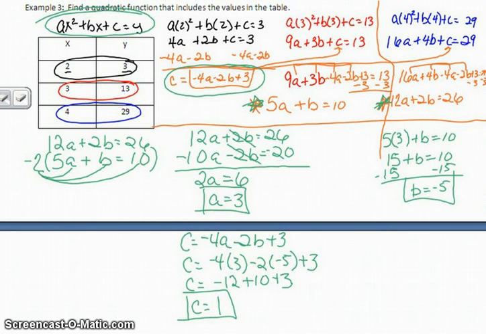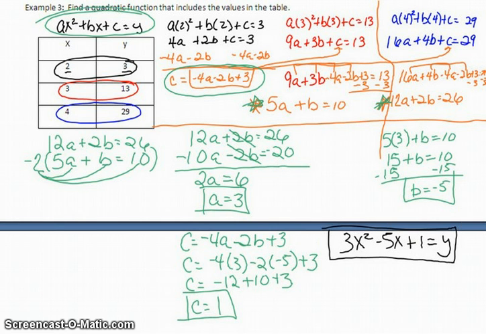And go back. We'll have 3x squared minus 5x plus 1 equals y. There is my general equation for a parabola that contains the points 2, 3; 3, 13; and 4, 29.